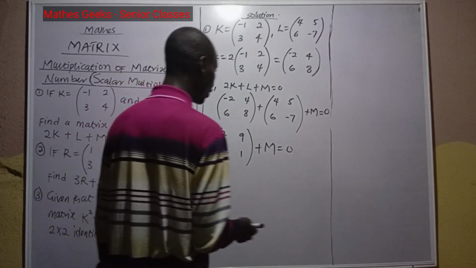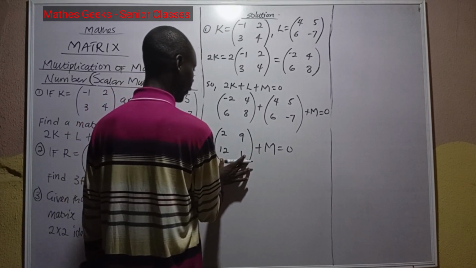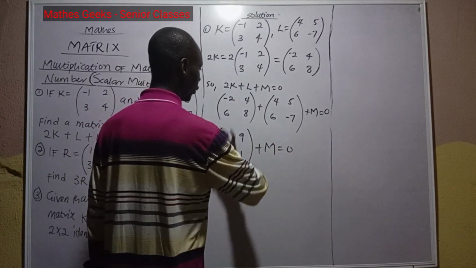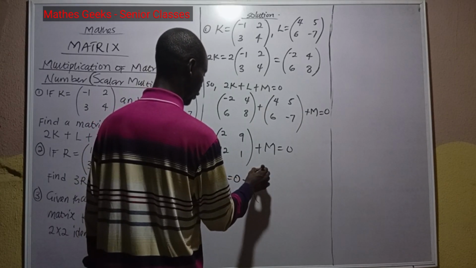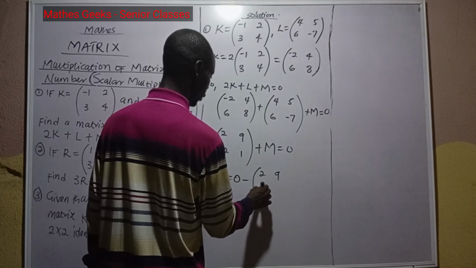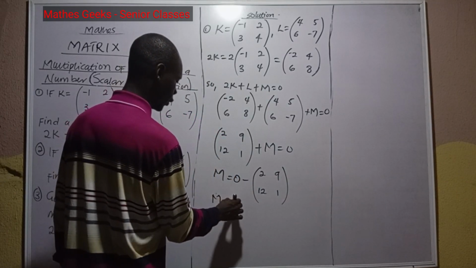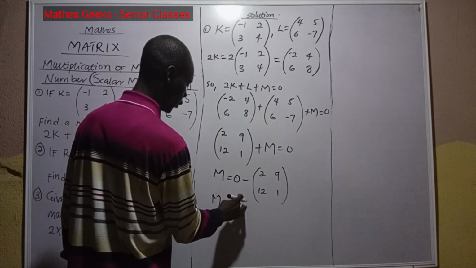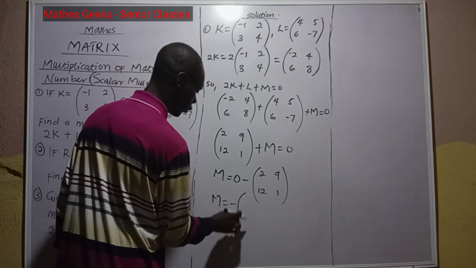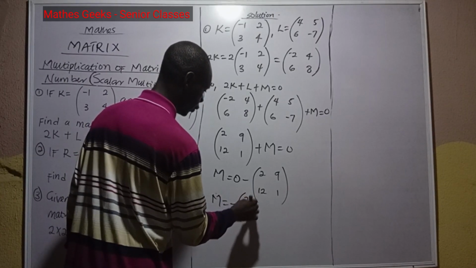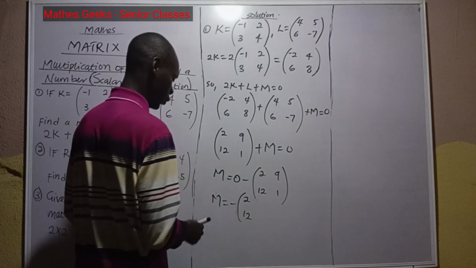So N will give us, since this is a matrix of values and the 0 is for the like terms, 0 minus the matrix 2, 5, 10, 1. So N is equal to this multiplied by the scalar minus 1.